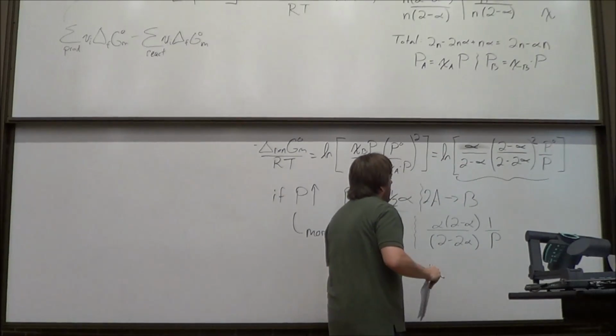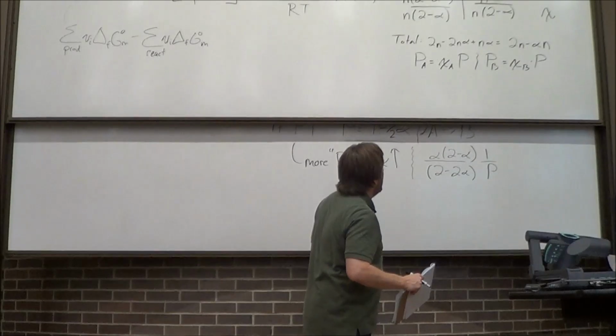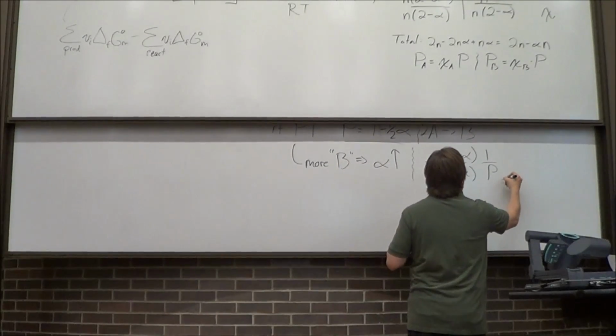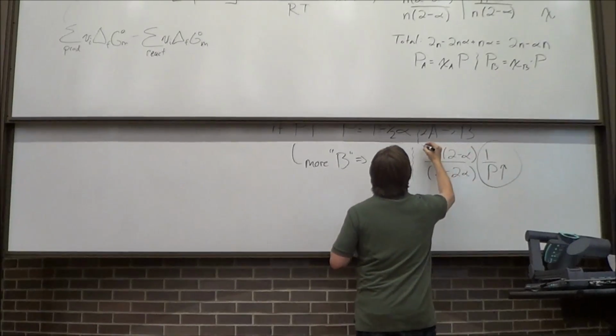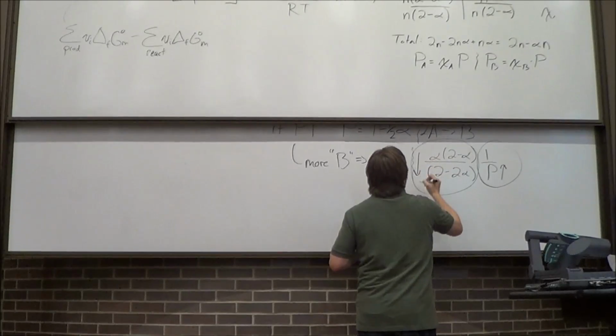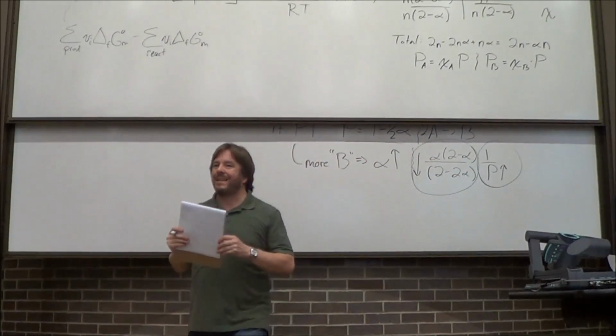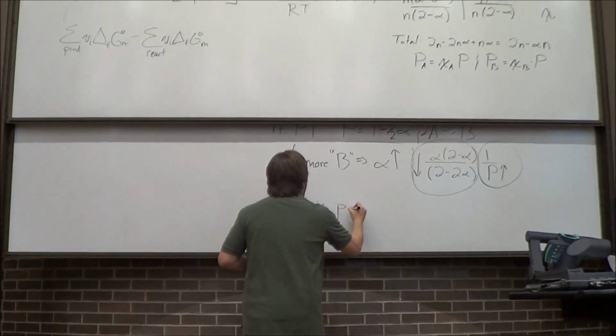Okay, so this is K. Notice I got rid of P0 because it's just 1 bar. Okay, if this goes up, then this has to go down, right? Now what I'm really testing there is, do you remember that K is pressure dependent?